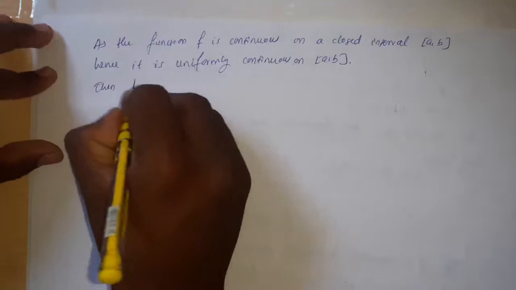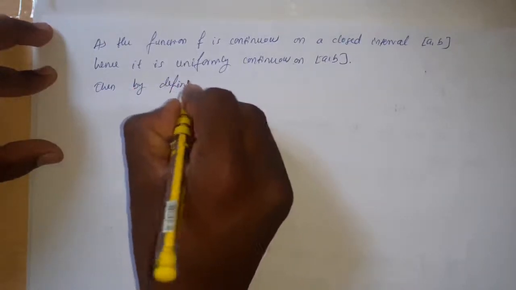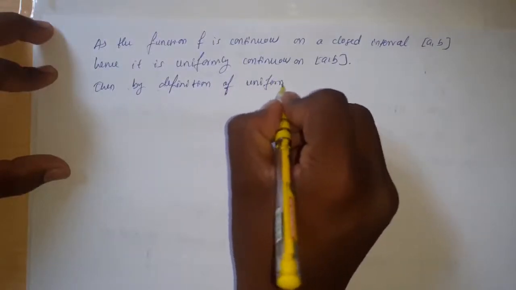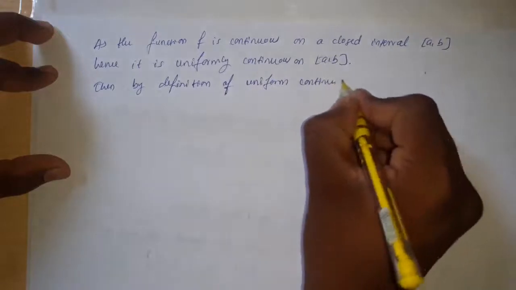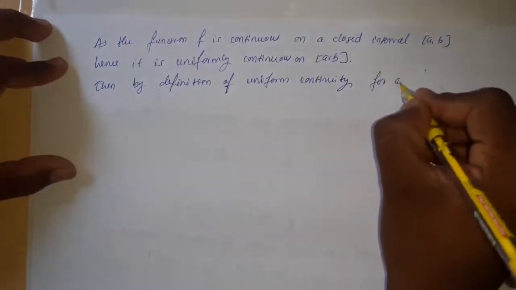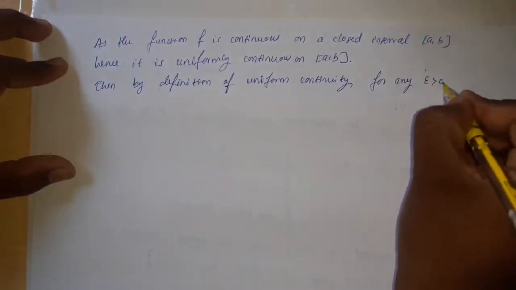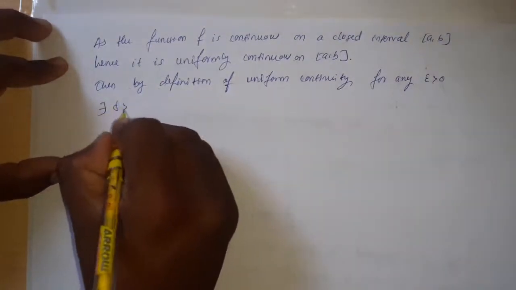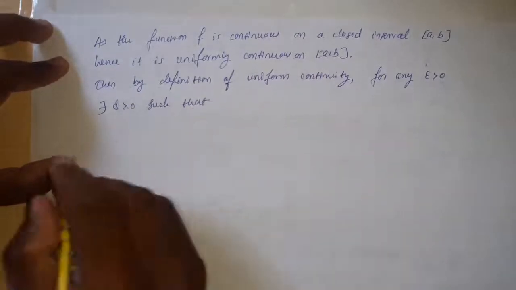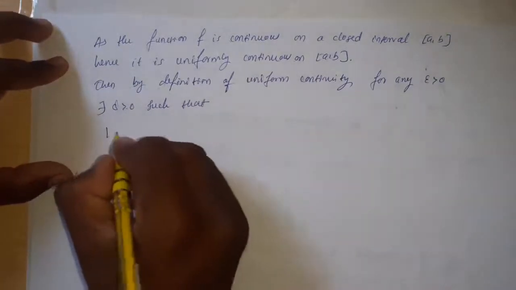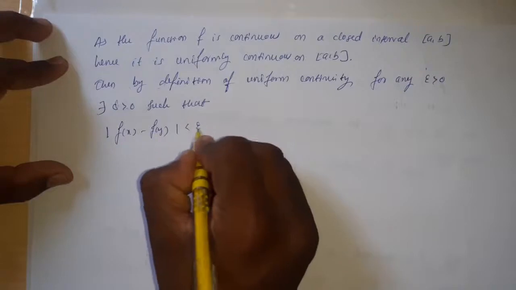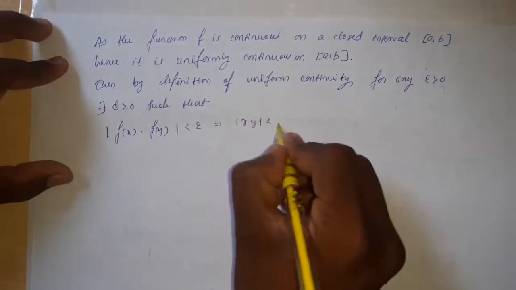Then, by definition of uniform continuity, for any epsilon greater than 0, there exists delta greater than 0 such that for all x, y, |f(x) - f(y)| < epsilon implies |x - y| < delta.